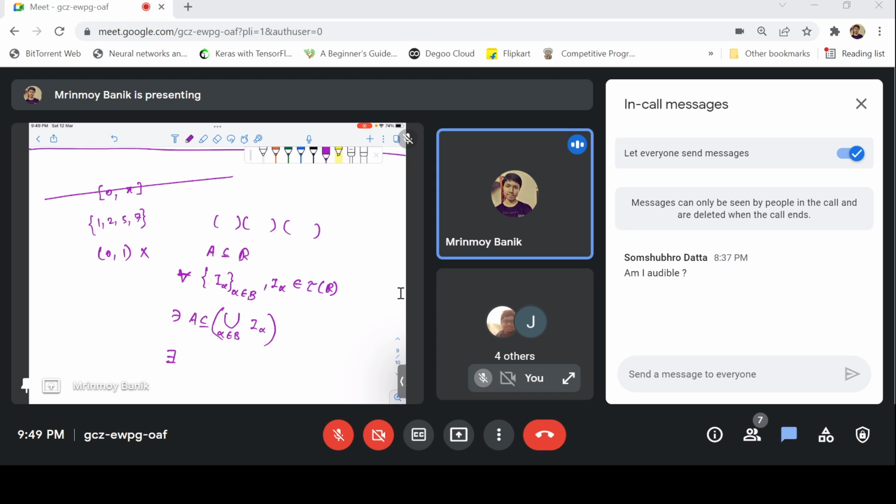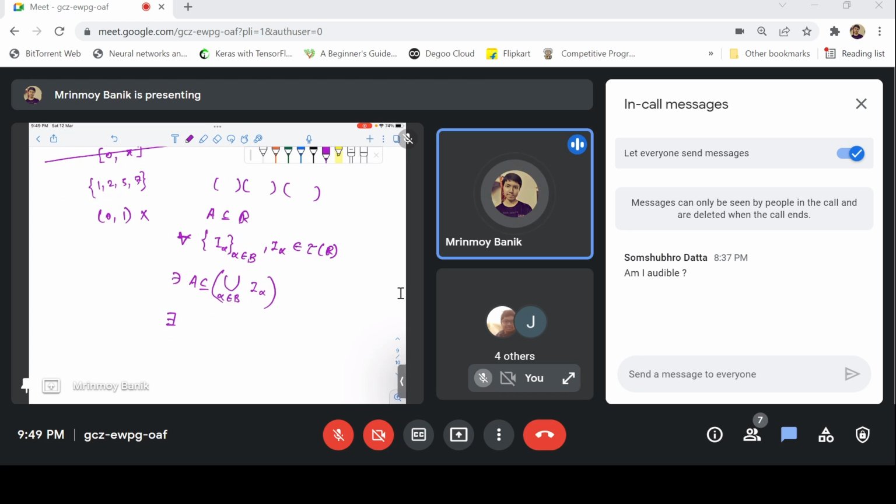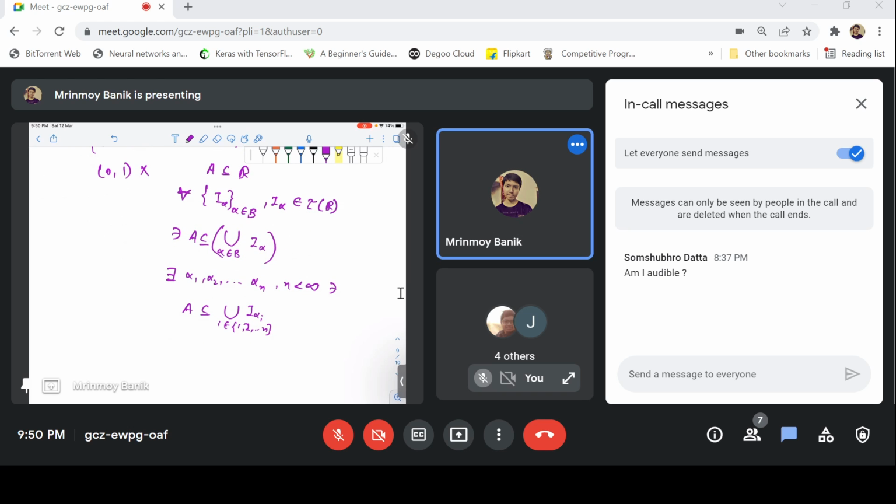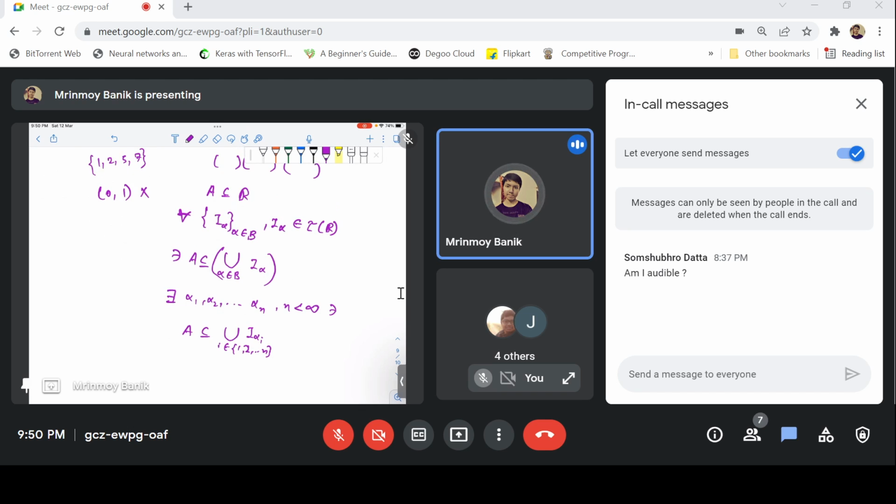then there exists a finite subcollection: alpha 1, alpha 2 up till alpha n, with n less than infinity, such that A is inside the union over i from 1 to n of I_alpha_i. The union over all alpha is called a cover of A, and this is a subcover.